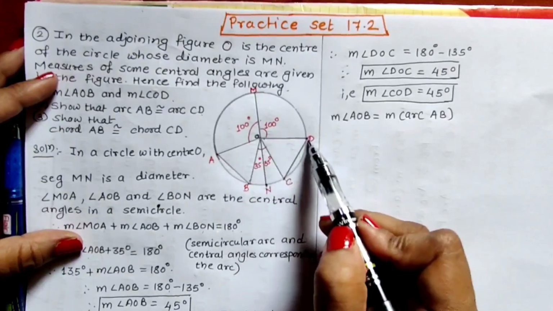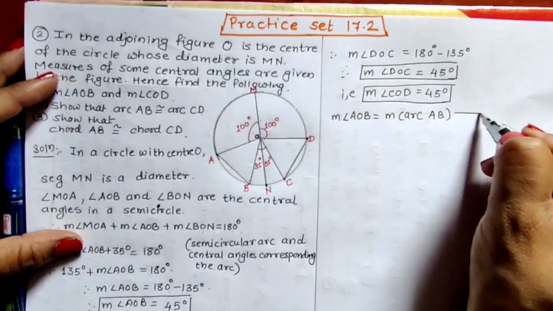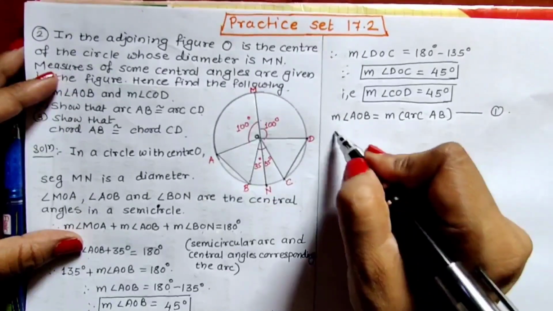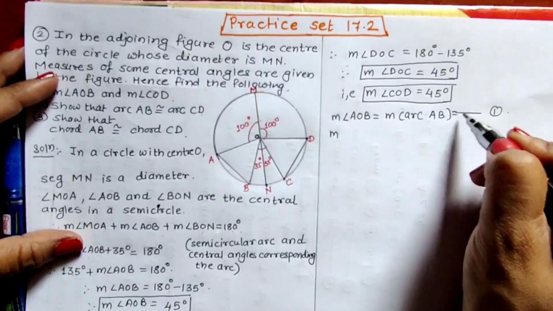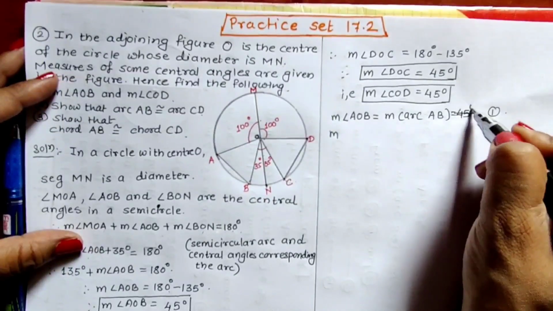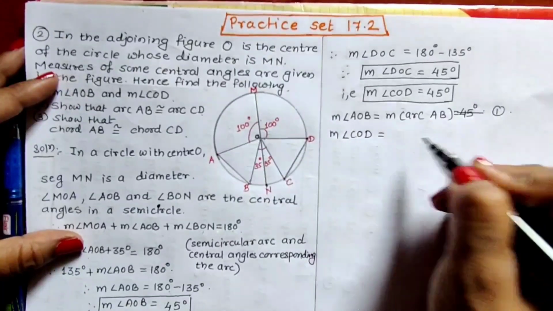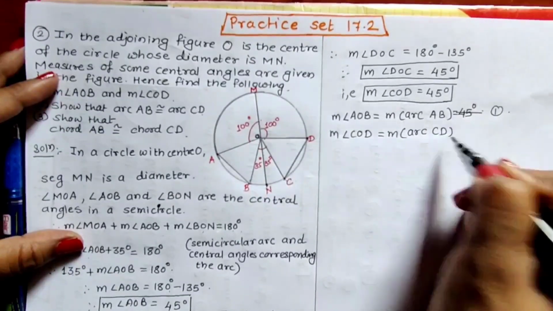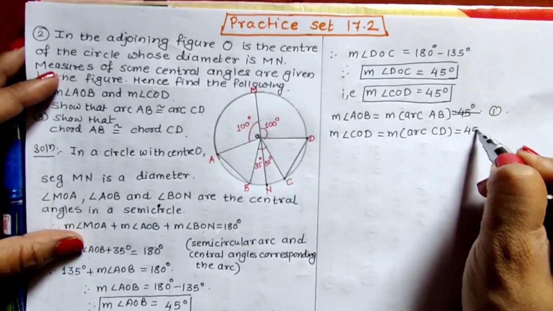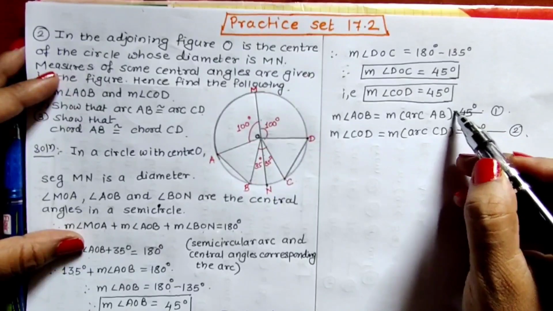Similarly, COD is the central angle and its corresponding arc is CD. This I write as 1: it is equal to 45 degree. Now major angle COD is equal to measure of arc CD. They both are equal to 45 degree. This will be second.